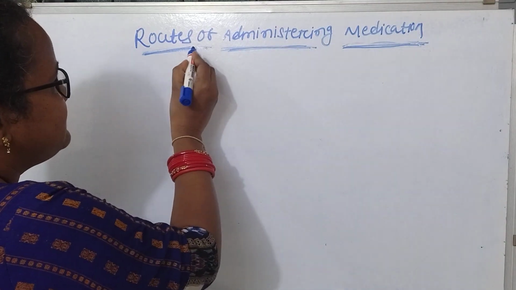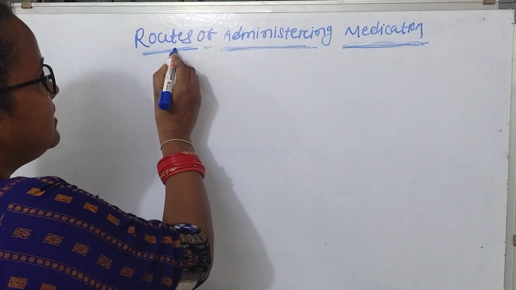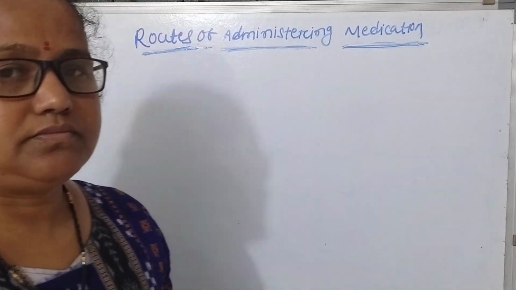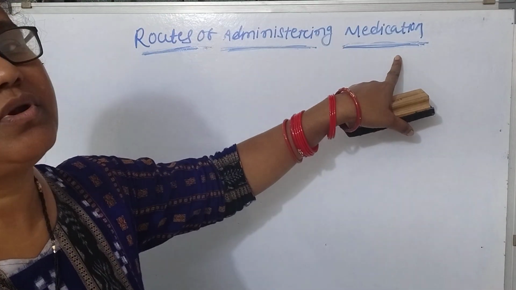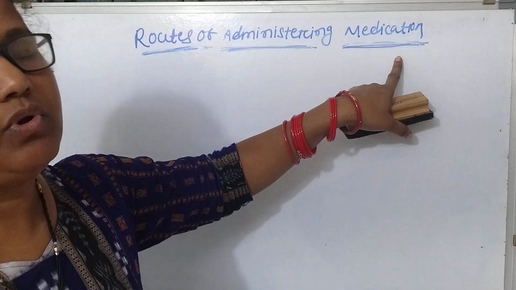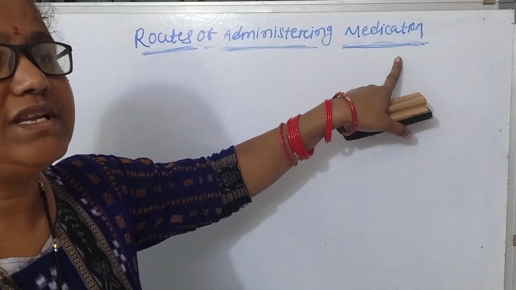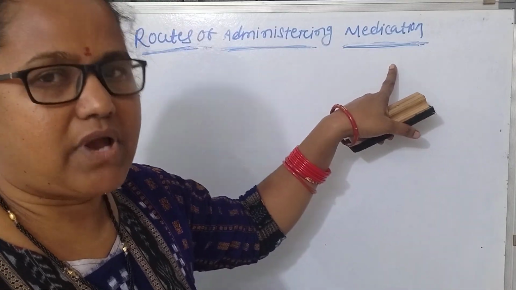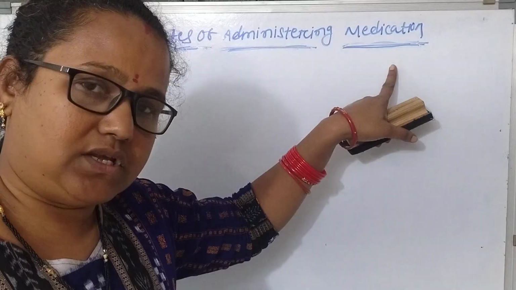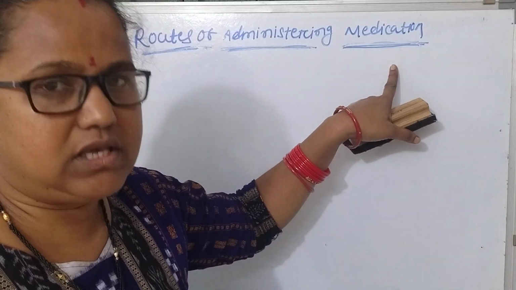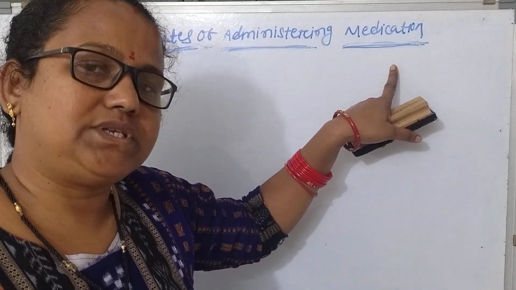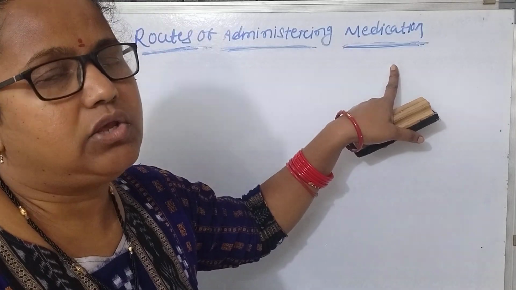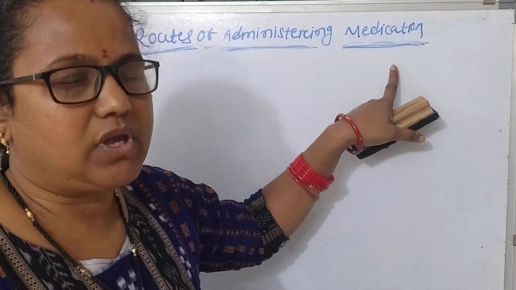Okay, and the route is very necessary for the effectiveness of medication, to cure disease. Example, if a patient comes with a respiratory problem and the doctor orders injection derifylin to be given immediately, how will you give that injection? You can give it IM, intramuscular, or intravenous.